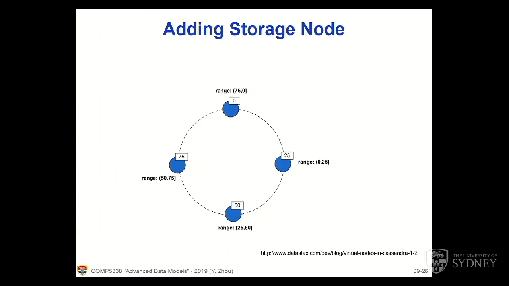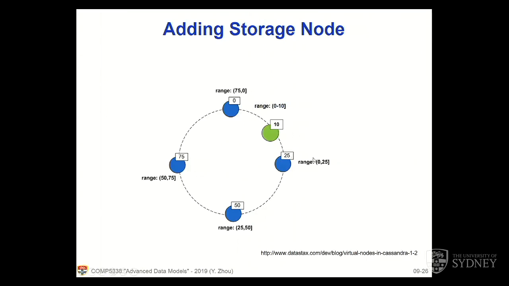So we want to add a storage node. Again, here we use this toy example. We don't really care whether it's physical or virtual, it's just a node. Currently we have 4 nodes, and when we add a node here, we pick a token 10. So basically it's sitting here in this range. Now it's looking after the hash range between 0 and 10.